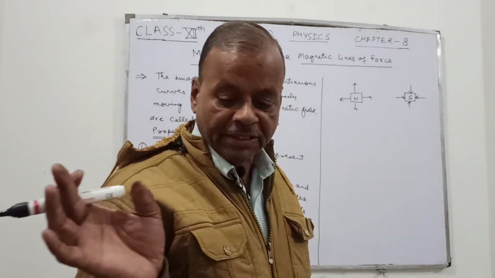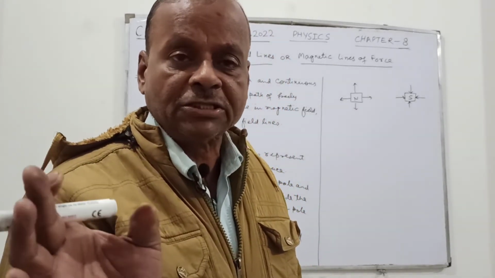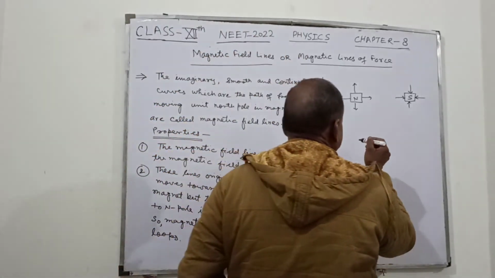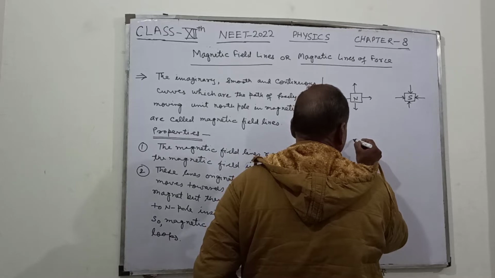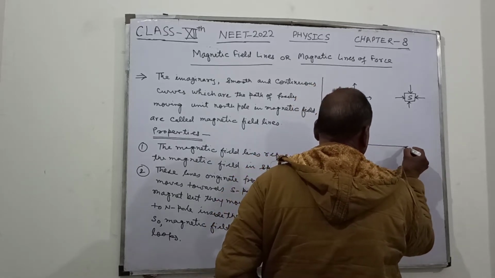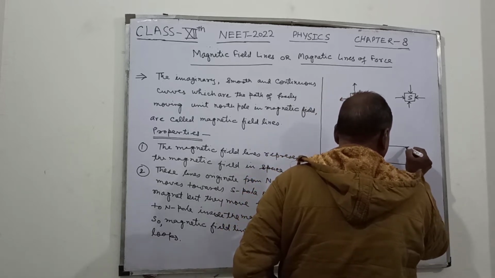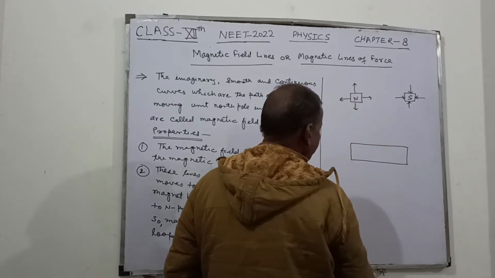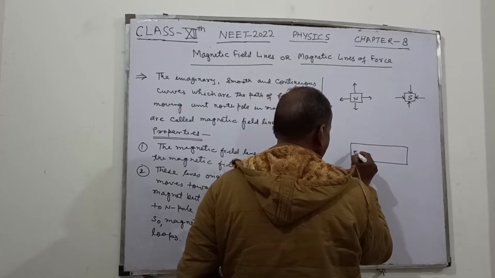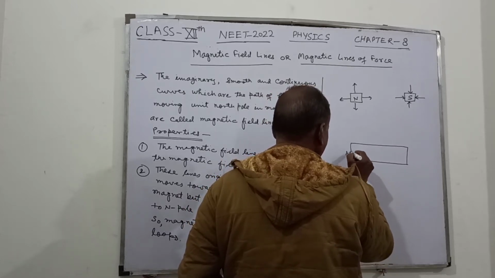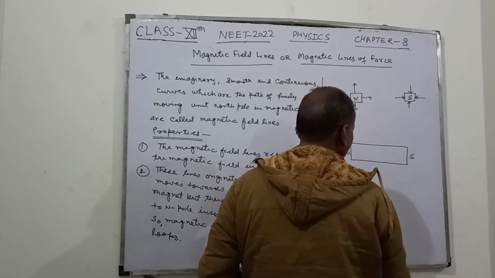But suppose these are not only the North and South Pole, we have a magnet. This is the magnet, this is the North Pole, and this is the South Pole.